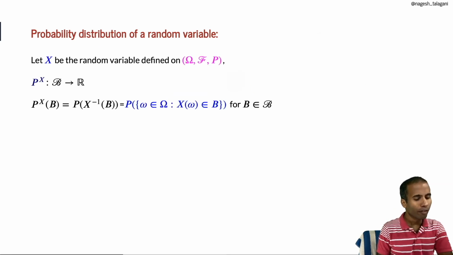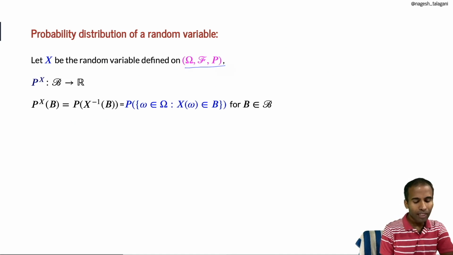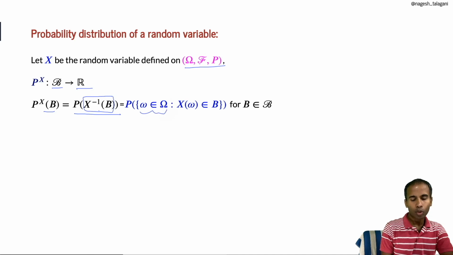Let X be a random variable defined on the probability space omega, script F, P. We define Px as a function from the Borel sigma field to R, defined like this: Px of B as the probability of X inverse B, where X inverse B will be an event in script F, consisting of all outcomes in omega for which X of omega is sitting in this Borel set B. That is the meaning of X inverse B. This is our definition of Px.